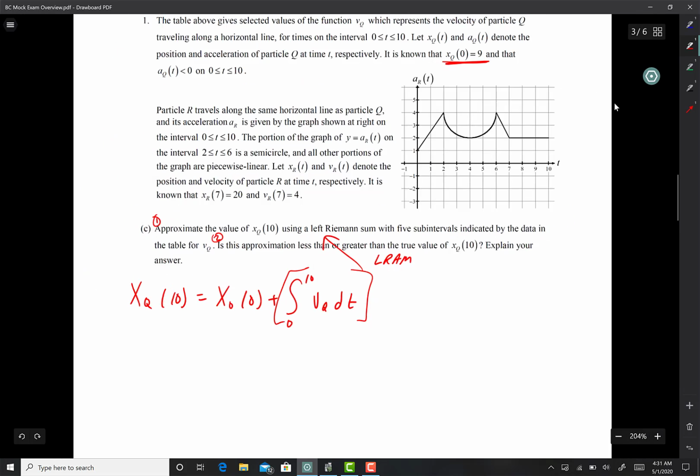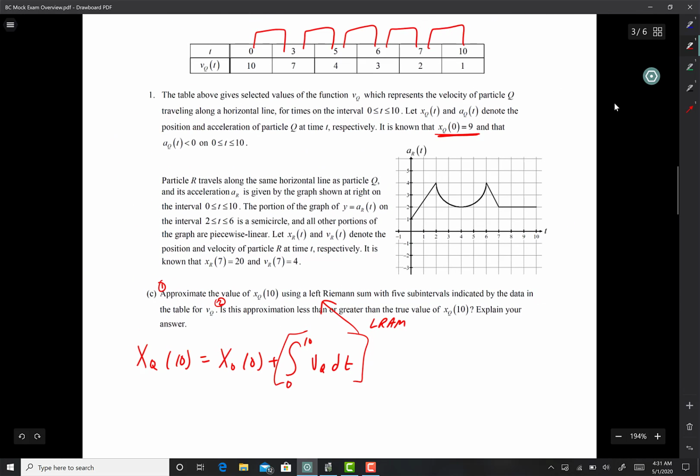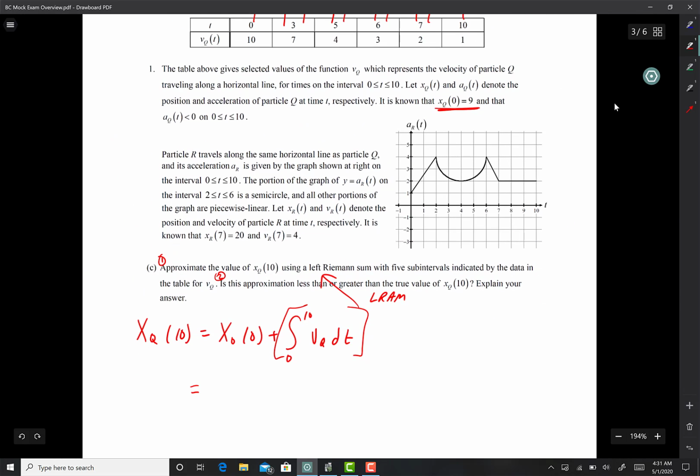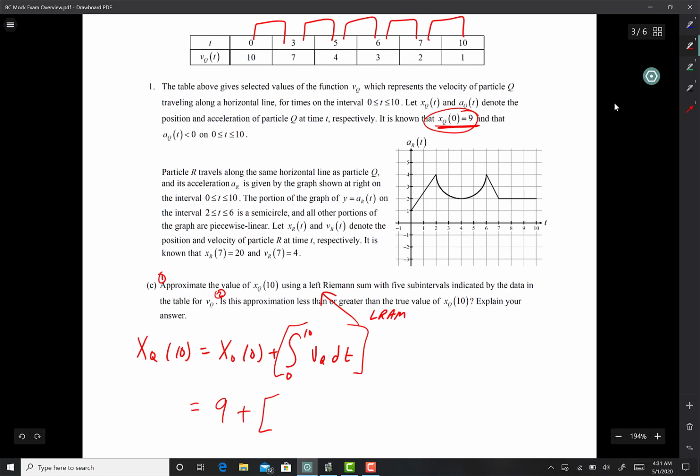So here we go. I'm going to zoom out just so I can see my values that I'm going to be putting in. So let's see. The first one, this is my position, 9 plus, and here we go. Everything that's in bracket is my LRAM. My first rectangle. So my width is 3, and my height, they want me to use LRAM, so I'm going to use 10. So I'm going to keep this pattern, 3 times 10 plus my next rectangle, 3 times, the difference between 3 and 5 is 2.